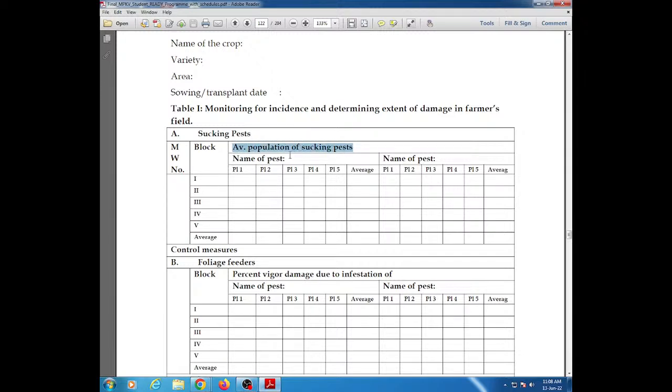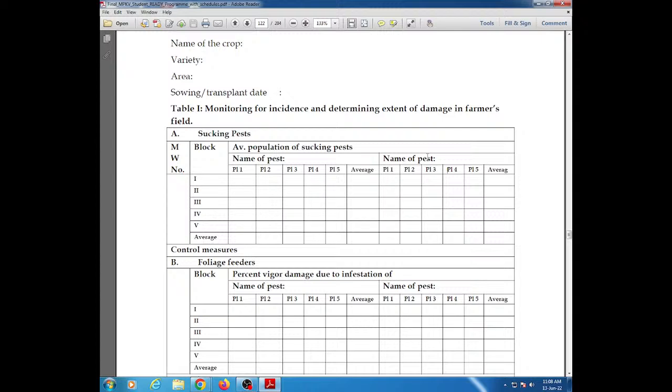Then you have to write the name of the pest observed, and for a second pest in question you will have its name too. Here you may say there are aphids, here jassids, thrips, whatever.